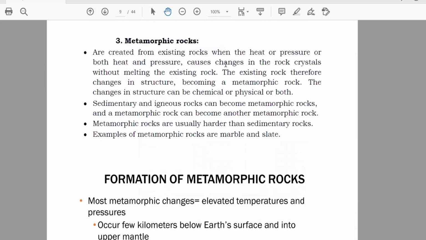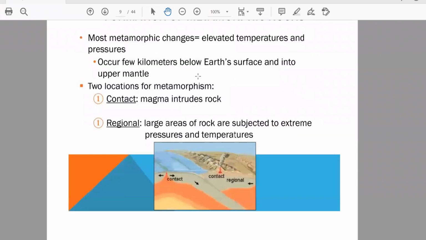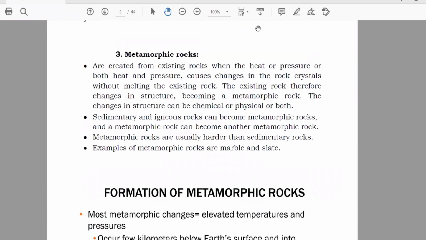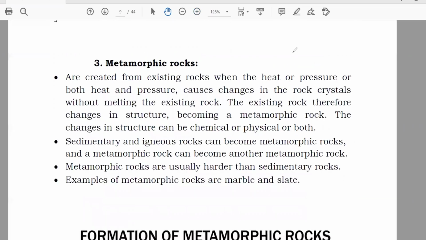After that, you have the third type, that is known as metamorphic rocks. If you see the details, you will find that metamorphic rocks are formed from existing ones. Here they are created from existing rocks when heat and pressure, or both, cause changes in the rock crystals without melting the existing rock.